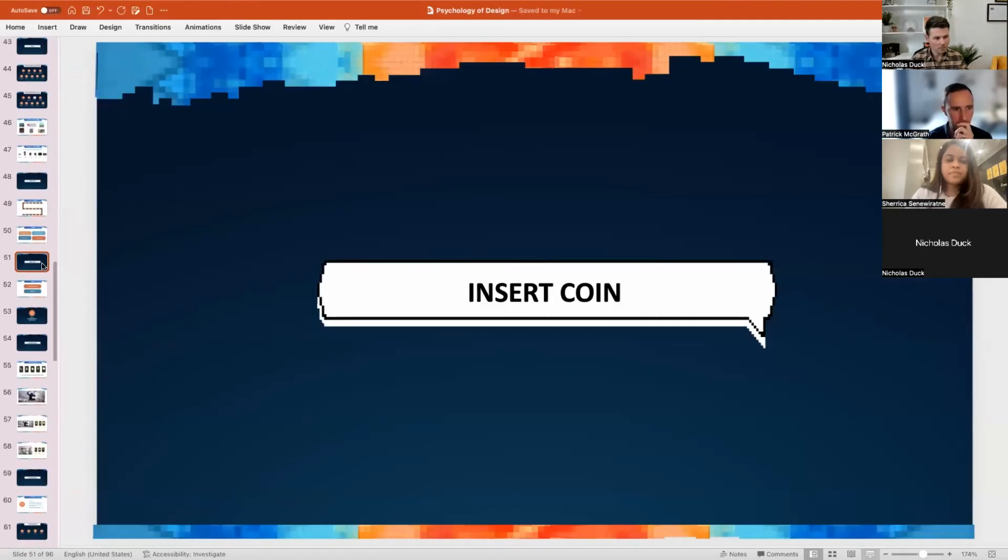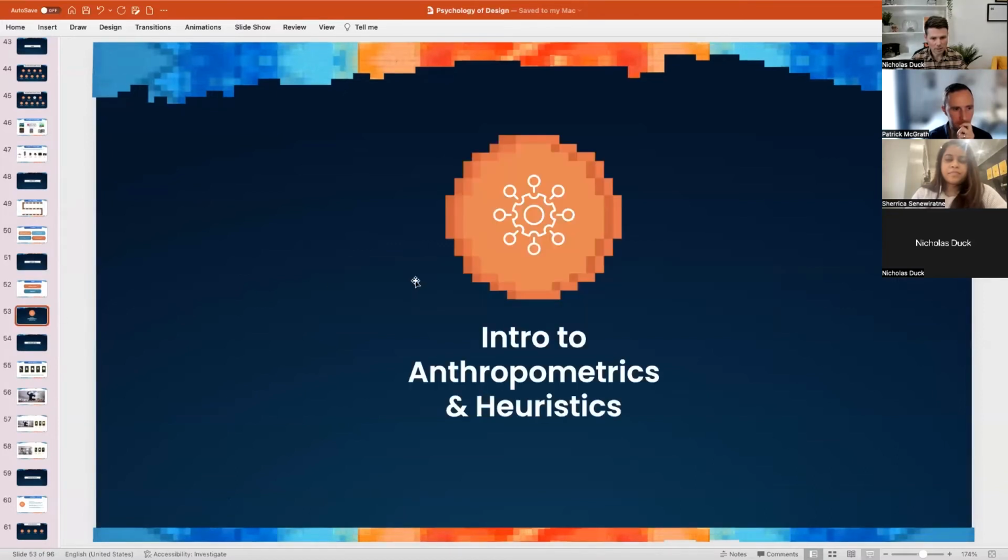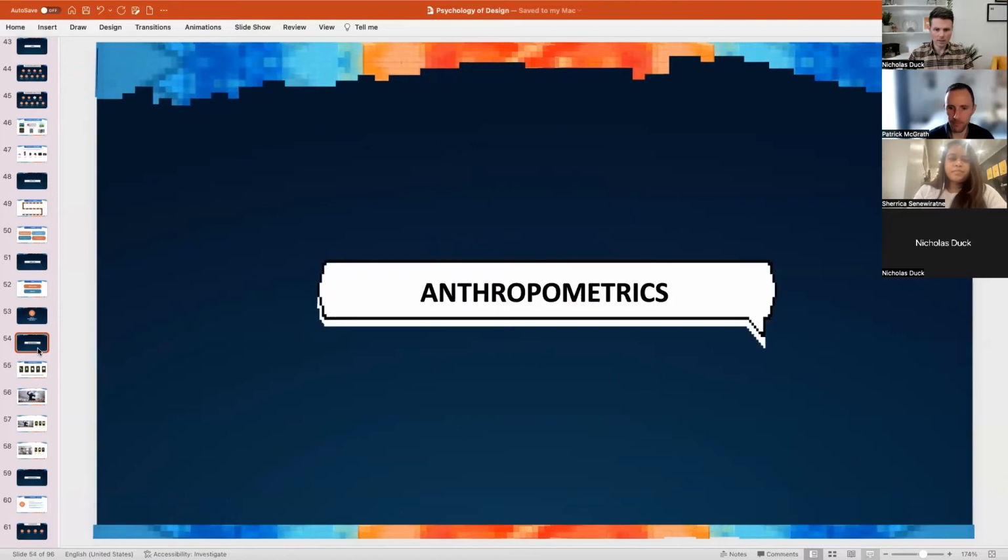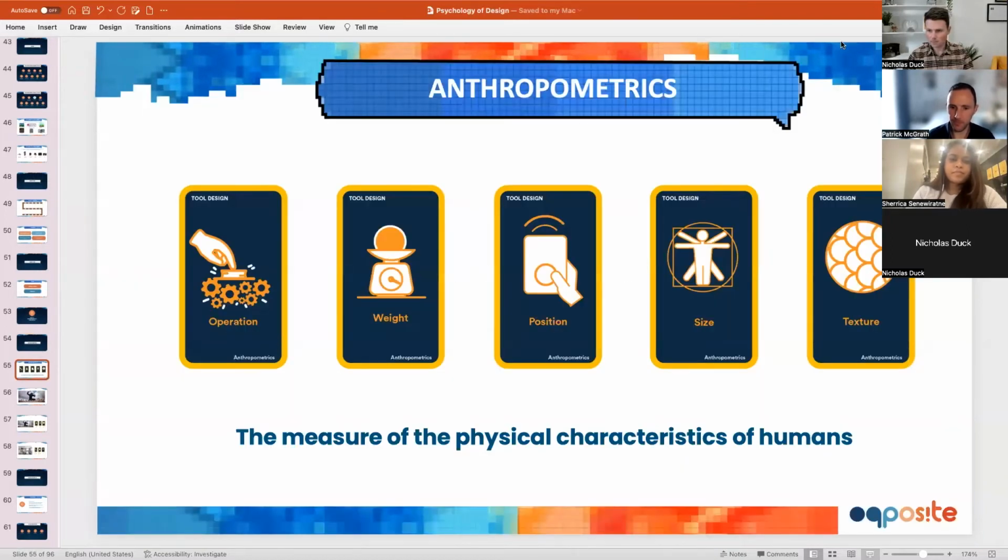Okay, so let's talk a little bit about a couple of different topics. Anthropometrics and heuristics. Obviously this being an introductory session into human-centered design, any one of these topics could branch off into many examples and methodologies.